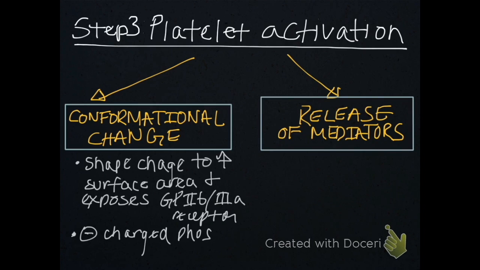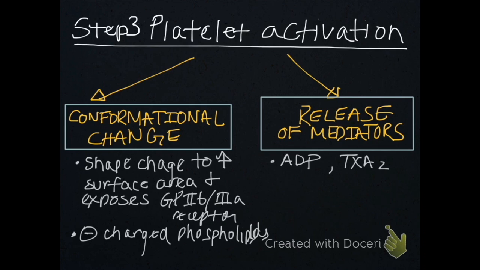In regards to the mediators that are released during the platelet activation process, once the conformational changes occur, the platelets will release substances such as ADP and thromboxane A2, which are going to have a multitude of effects and play a role in platelet activation.